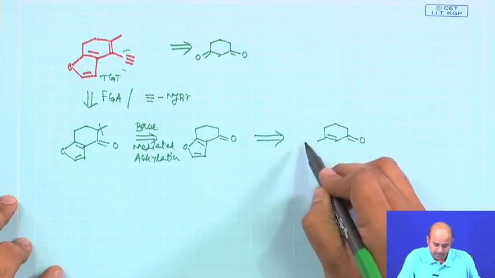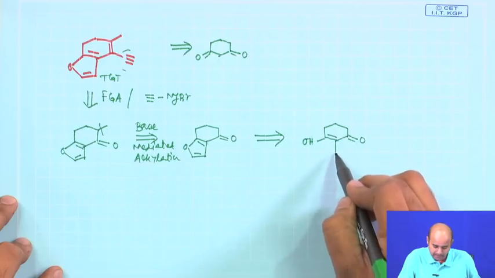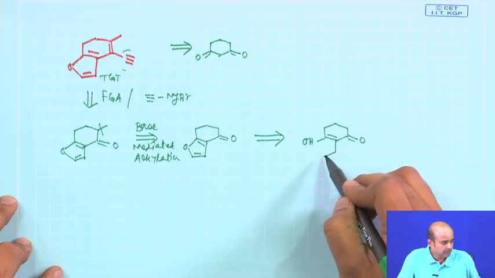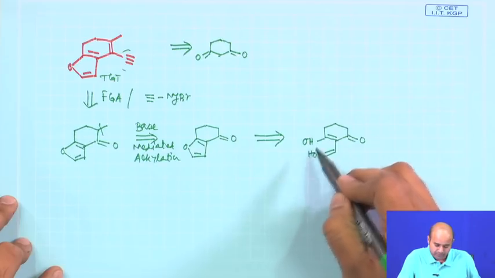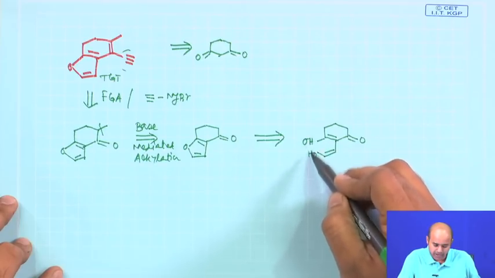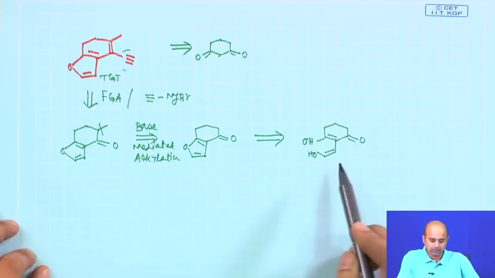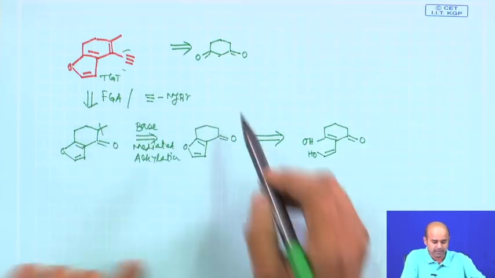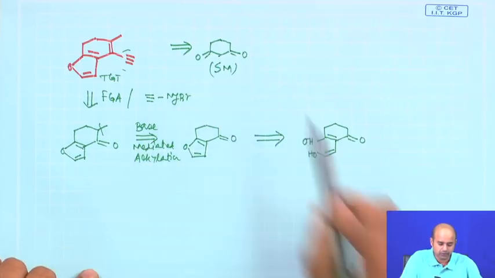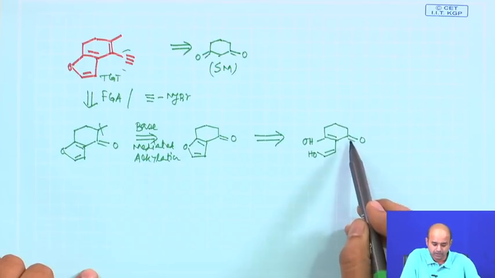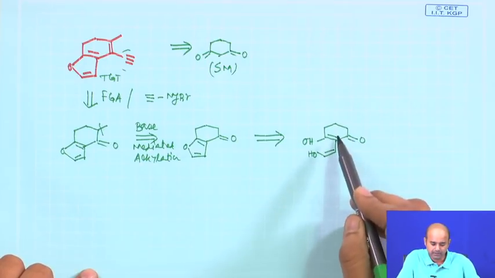If you have a compound like this and this vinylic alcohol, this will undergo a dehydration reaction to make this compound. Now, our initial starting material which was given is a cyclohexane 1,3 dione. See, the cyclohexane 1,3 dione almost came in the design.